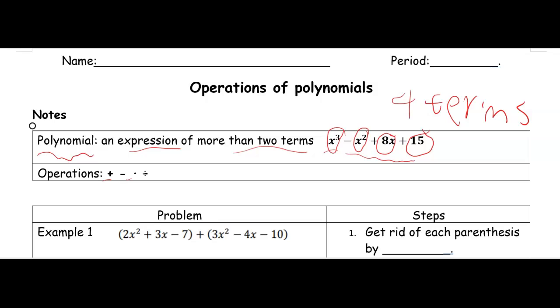How are you going to decide about terms? They are separated by a subtraction sign or addition sign. And one more thing is, we usually write the polynomial from the greatest power to the least power.